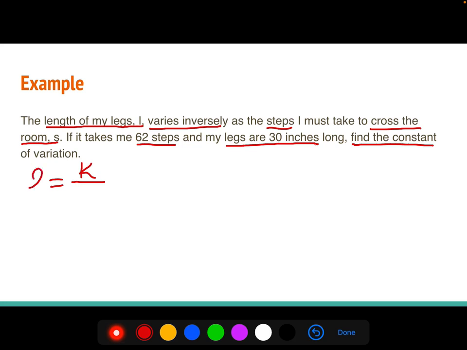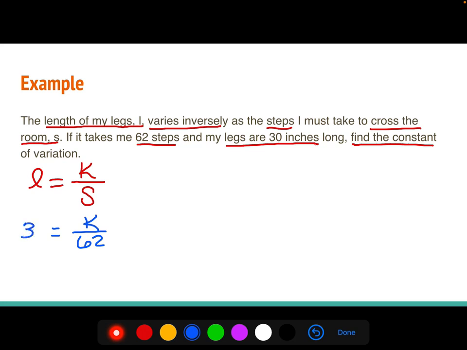I know I'm going to have a couple of variables, and K is going to be on top. That was my formula. L, and that's a cursive L because my L's look like ones, equals K over S. That varies inversely.